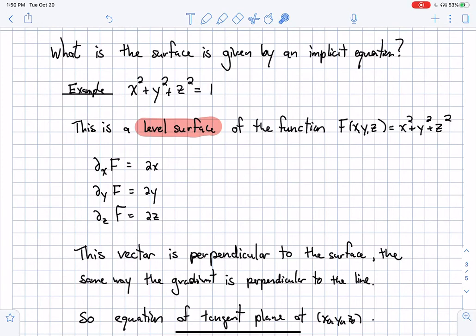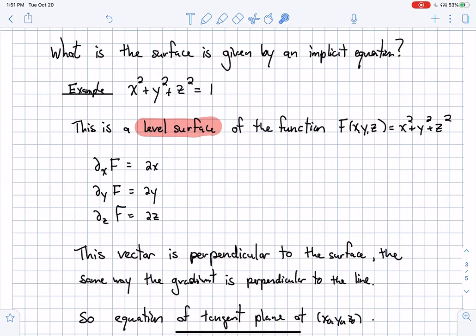So this is actually a level surface. So it's the three-dimensional equivalent of a level line. And this is the surface of the function x squared plus y squared plus z squared when this function is equal to 1. So those are all the points x, y, z for which this function is equal to 1. That gives you a sphere.